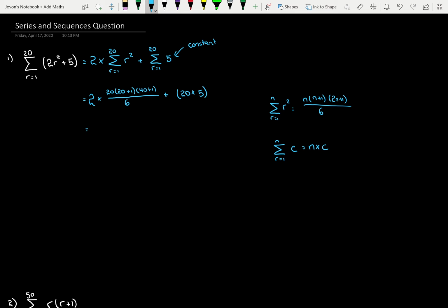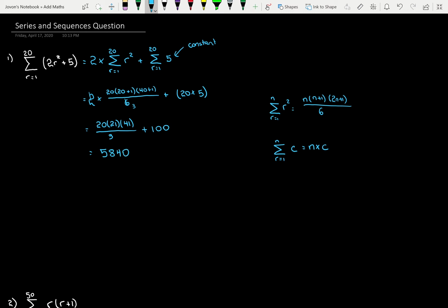This here would just be equal to 20 times 21 times 41 all over 3, because if we cross this out here, we get 3 here. Plus 100, because 20 times 5 is 100. And using my calculator, we will get 5,848 as our answer for this question.